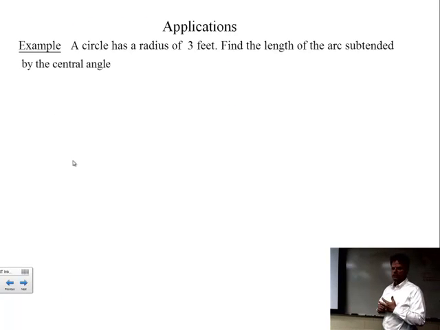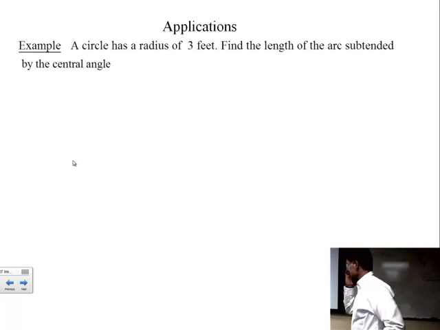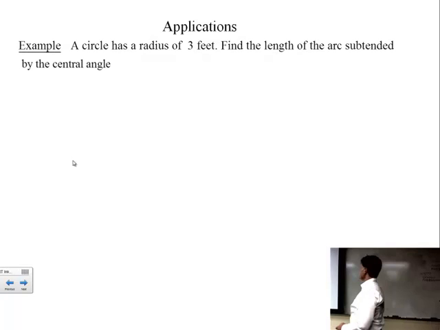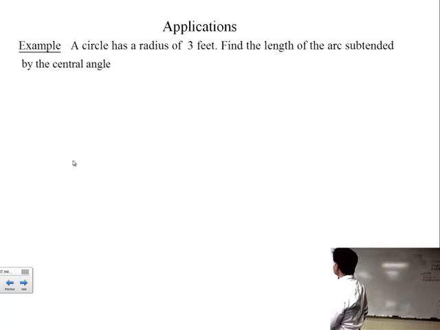So let's do a quick application. I'm not going to do all of these slides. I'm going to skip some slides here because it's just more and more basic stuff, and we want to get to the good stuff. So a circle has a radius of 3 feet. Find the length of the arc subtended by the central angle for an angle of 5 radians.